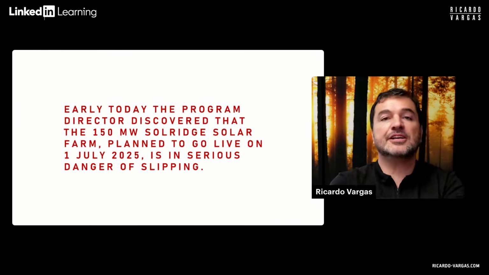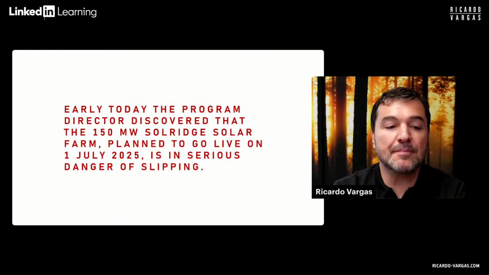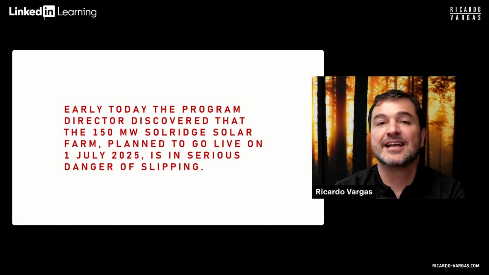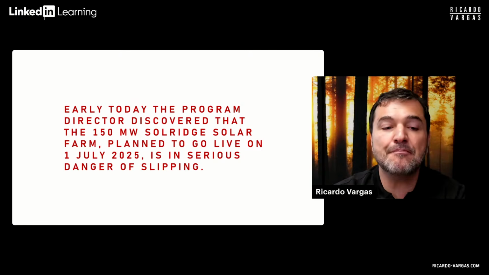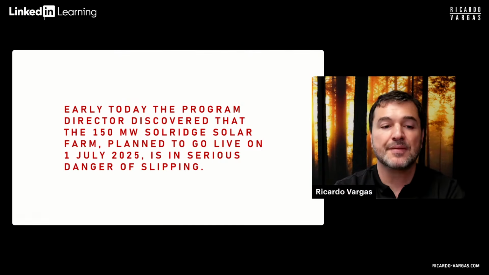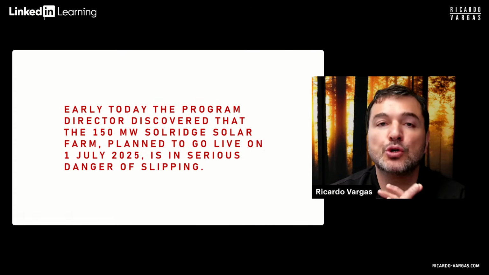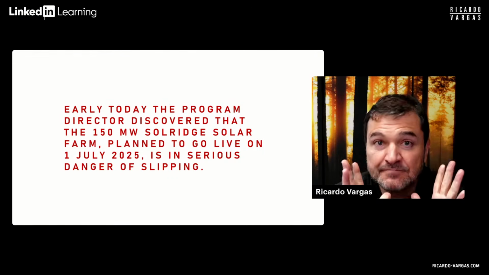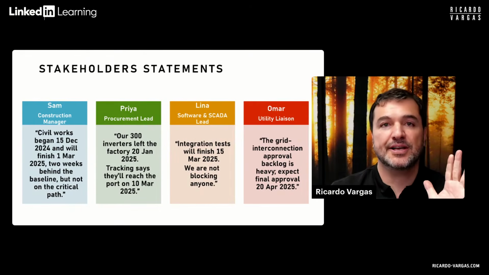Early today, the program director of our organization discovered that the 150 megawatt Sol Ridge solar farm, planned to go live on July 1st, 2025, is in serious danger of delay. This is the news I received this morning.